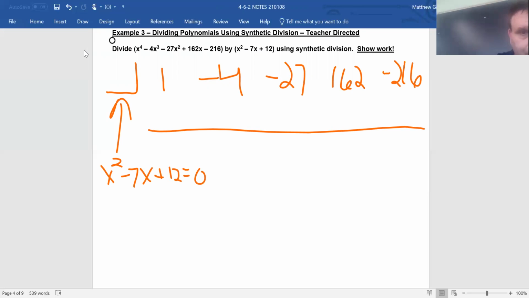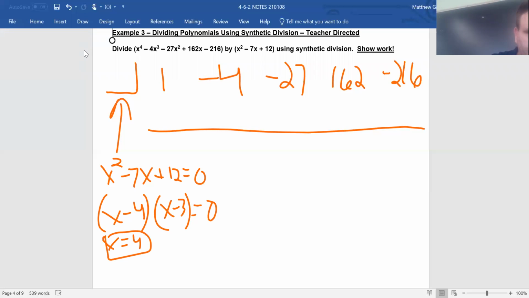In this problem, we're going to solve this through factoring. Factors of 12 that add to negative 7 are negative 4 and negative 3. So you have two excluded values here: 4 and 3.